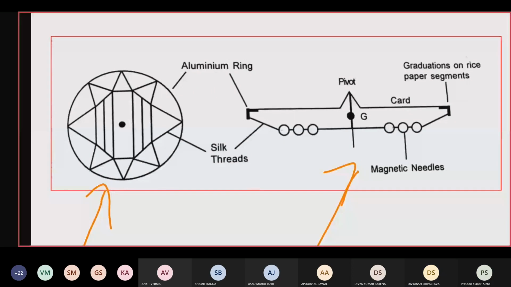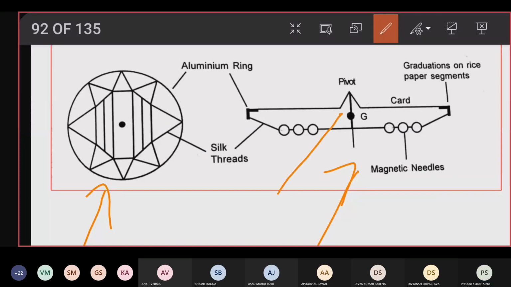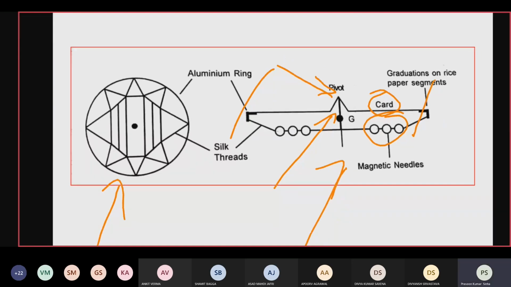The pivot is nickel silver that we said. The cap, we said sapphire. The card, we said mica. Diameter, about 15 centimeters, as we said. Magnetic needle hanging below the card, providing more gravitational pull, making the card more stable. So that's the idea.